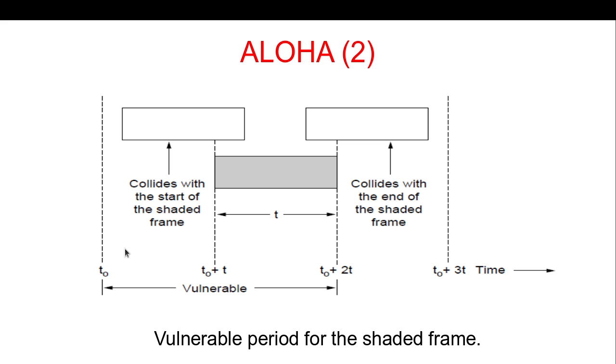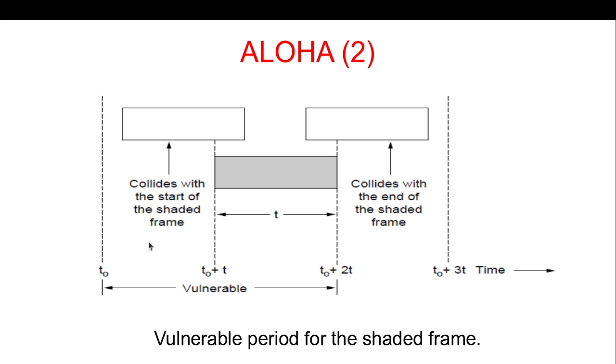So this was the first frame, and before it was successfully transmitted, our shaded frame was generated, and the end of that original frame collided with the start of the shaded frame. The third frame we have considered here was generated between t0 plus t and t0 plus 2t, before the shaded frame was successfully transmitted through the channel, and that collides with the end of the shaded frame.